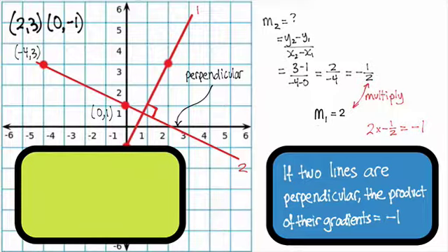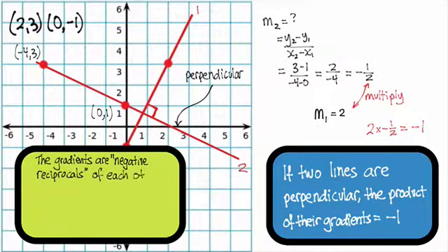Another way of saying this involves the idea of a negative reciprocal. The gradients of perpendicular lines are what we call negative reciprocals of each other. So let me explain that. The gradient of the first line we said was 2. If I write that as a fraction, 2 can be written as 2 over 1. Now the reciprocal is simply where you take a fraction and turn it upside down.